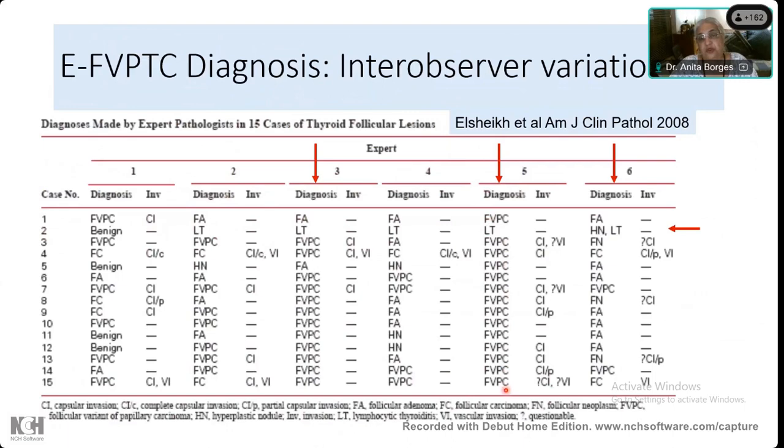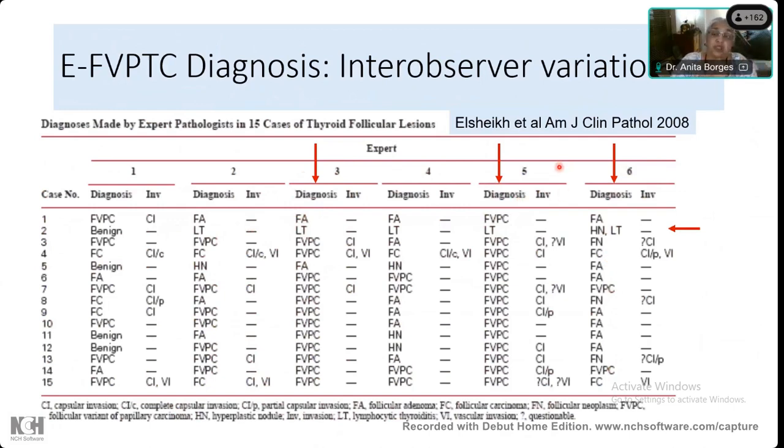Every single one was called follicular variant of papillary thyroid carcinoma. Expert number 3, similar, except for one which he called FEPs. I'm not going to say he or she, I know who the person is. Called it a follicular adenoma. And here, expert number 6, just 2 were called follicular variant of papillary thyroid carcinoma.